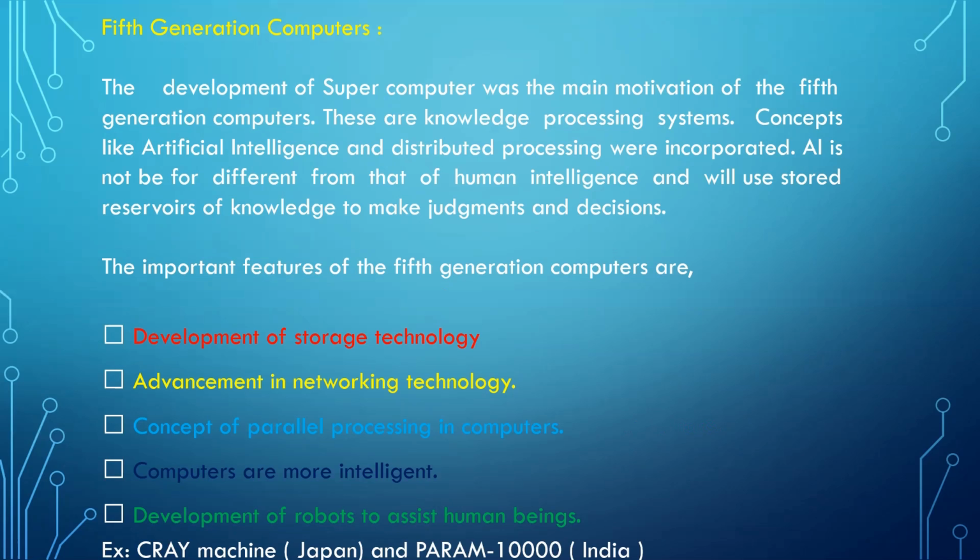Concerning artificial intelligence, human intelligence is not away from computer intelligence, because the complete knowledge required for the machine is stored in it. With the help of that stored knowledge, the computer can take the best decisions. It means decision-making systems or expert systems evolved with the fifth generation computer. You can even say that robotics started from here.